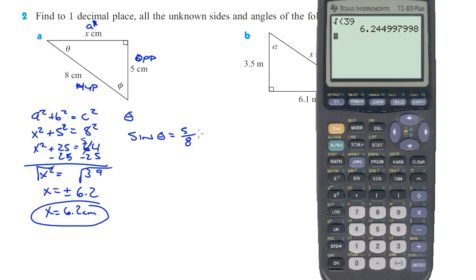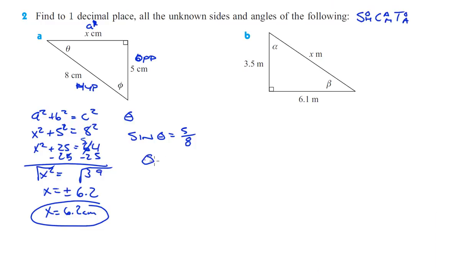Okay, so we're looking for an angle, so we'll do second sine of 5 divided by 8, and that gives us 38.7 degrees for this one here. So we know that these two have to add up to 90. So there's theta.